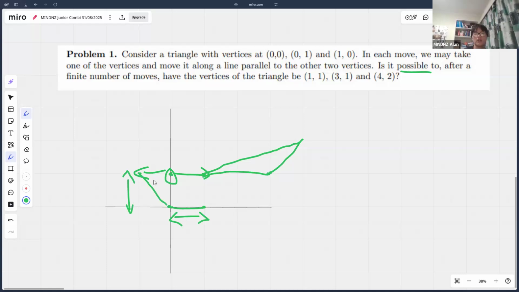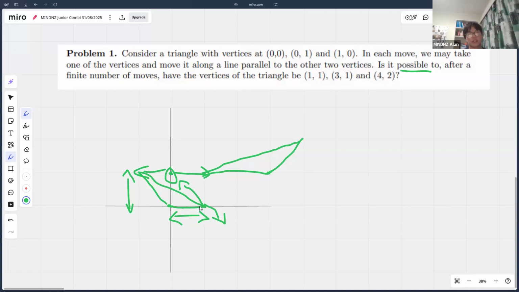And then now let's look at our new triangle. Let's say this vertex moves along this line. This is a pretty hard thing to see, by the way, because it's pretty counterintuitive. And then what's the base?